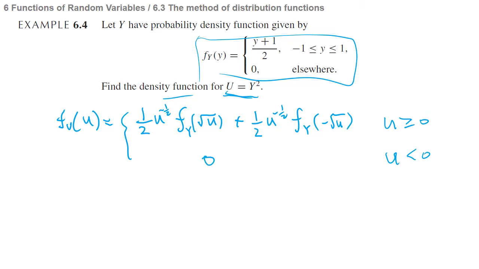Okay, so you calculate this by yourself to find the density function for U, and refer to the textbook for the solution.